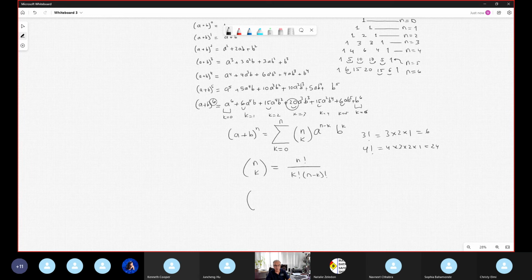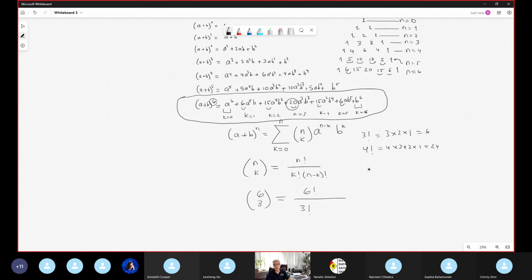We are working in the last version: n is 6, but k is 3, because in the positions 0, 1, 2, 3, keep in mind k always starts at 0. So in position number 4, k is 3, because in position number 1, k is 0. So we have 6 factorial divided by 3 factorial multiplied by 6 minus 3 factorial.